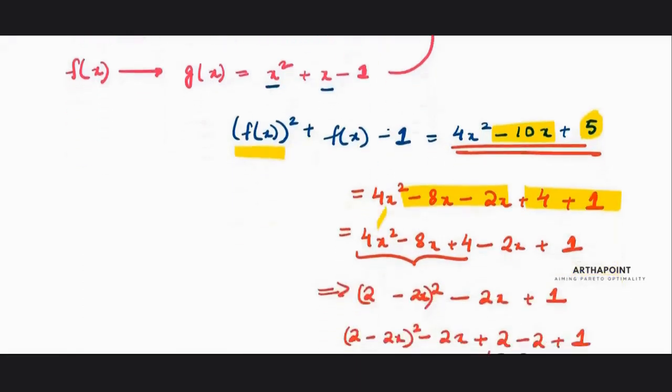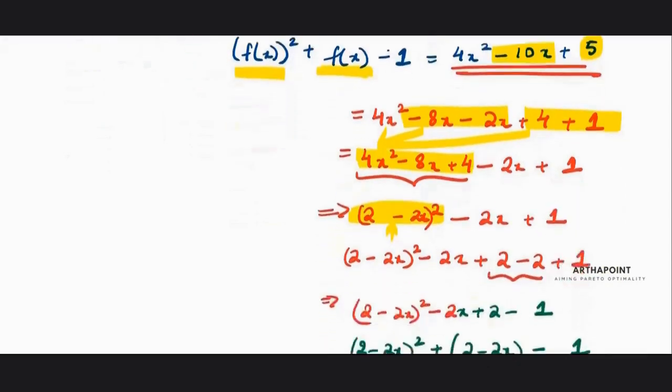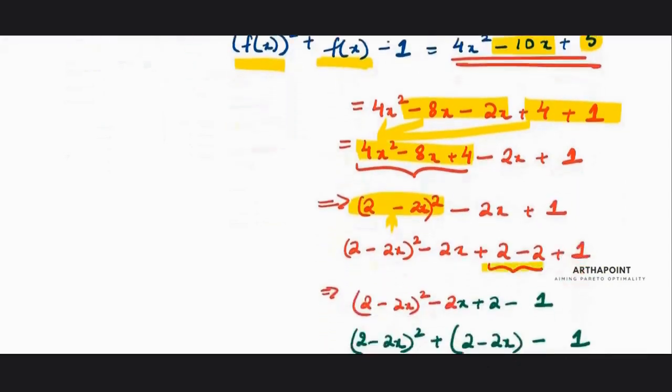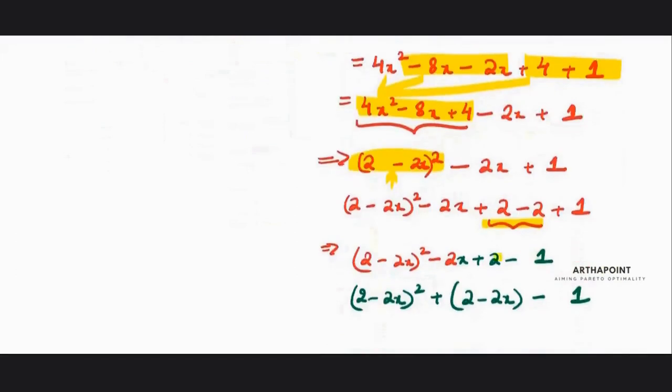Then I brought 4x square, 8x and 4 together and I got this term. And this became the square of 2 minus 2x. I wanted that same thing here also. So in order to bring that, I added and subtracted 2. And when I did this, then this part became 2 minus 2x. And then I had 1 here.